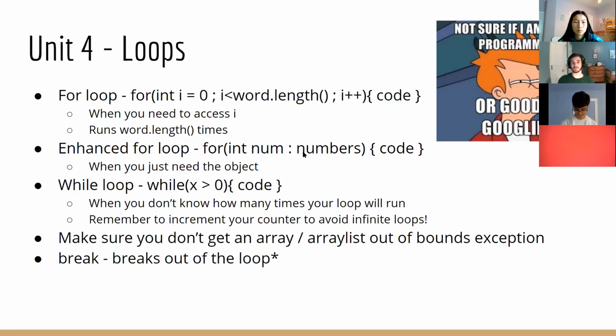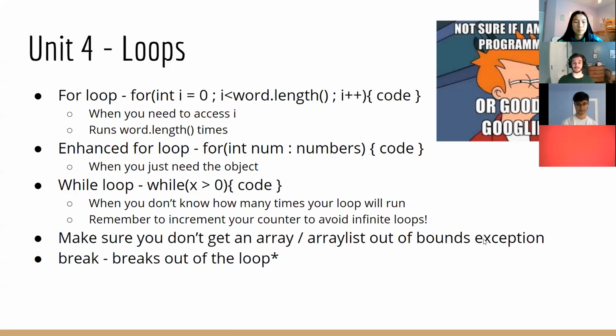An enhanced loop would be if you just want to look at each one individually. While loops, and similarly do whiles, execute as long as the condition is true. Do whiles will always execute the first time and then check the condition. Very similar syntax.